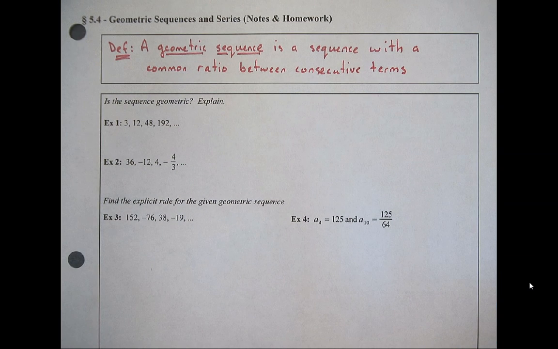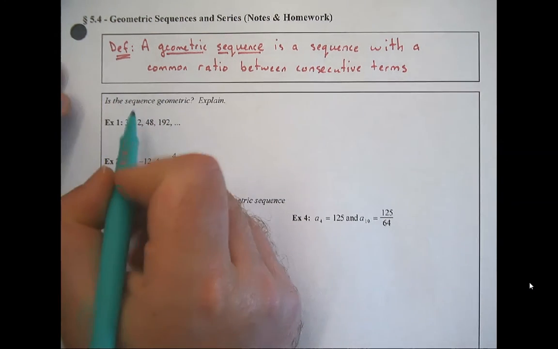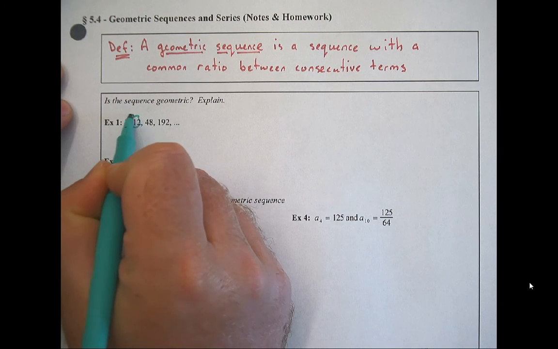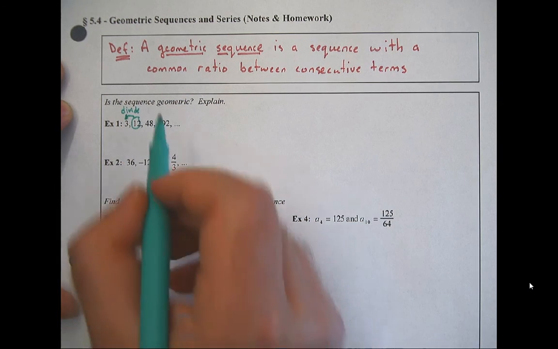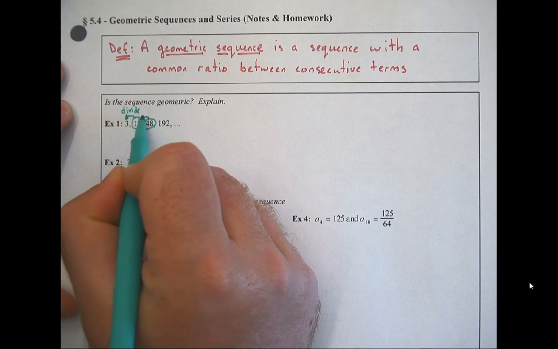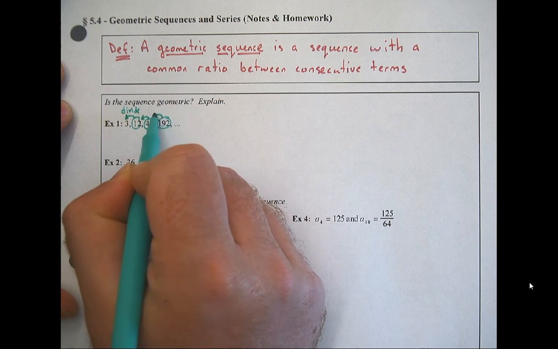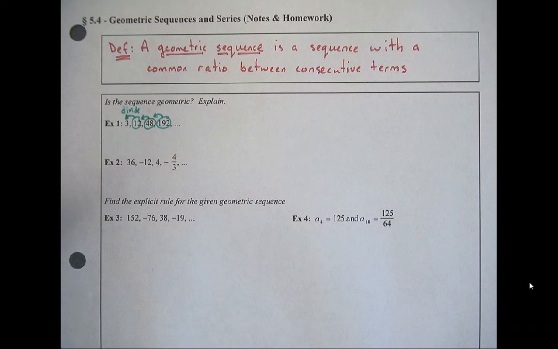So if I grab any old term, if I take 12 and divide by 3, I get 4. And then I take 48 and divide by 12 and I get 4. And I get 192 divided by 48. I better double check, 192 divided by 48 is 4.